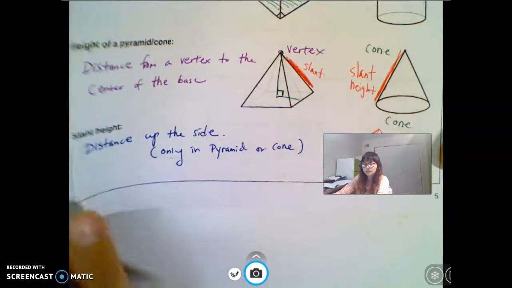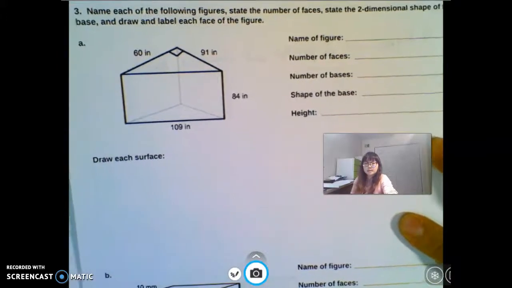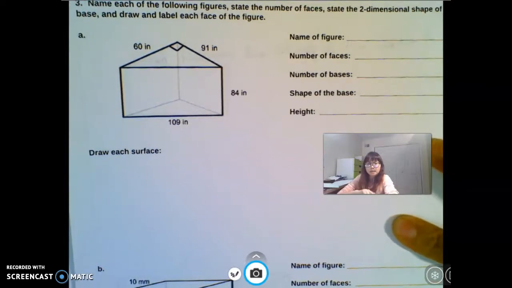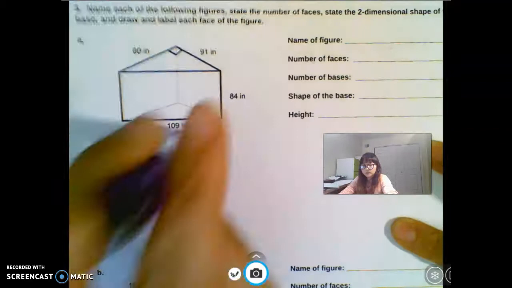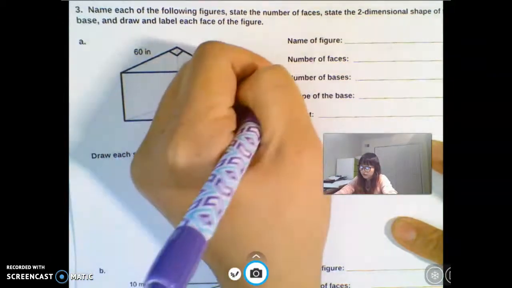Now, let's do some problems. Let's see, what do we start out with? I made a mistake earlier, so I got a little bit confused. Alright, let's name this and follow the directions. I don't really like the way they arrange this. We should really start with number of bases.